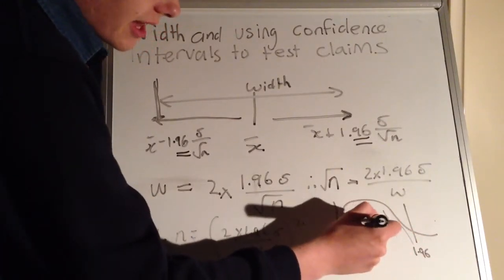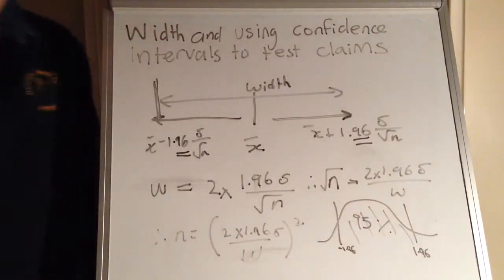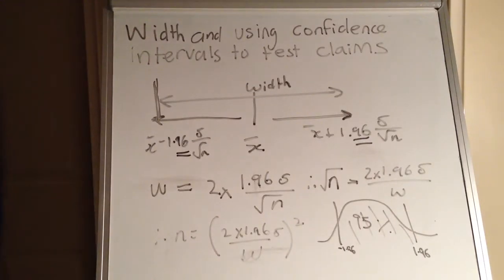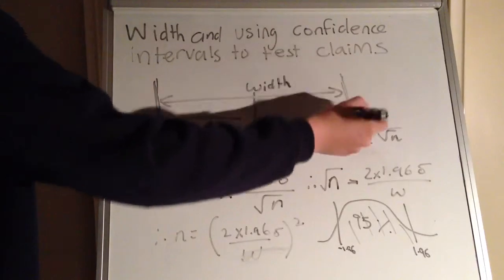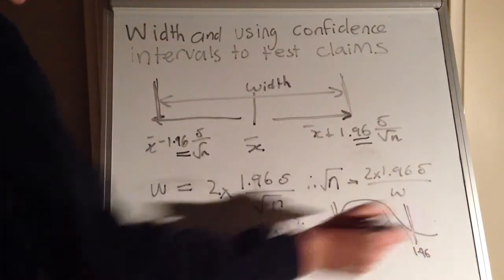As we know, that holds 95% of our data, that is 95% of what is under the curve there. So the width of a confidence interval is going to be essentially from that point to that point.